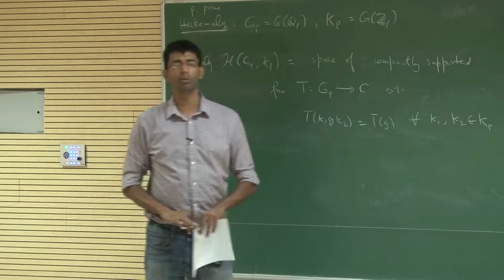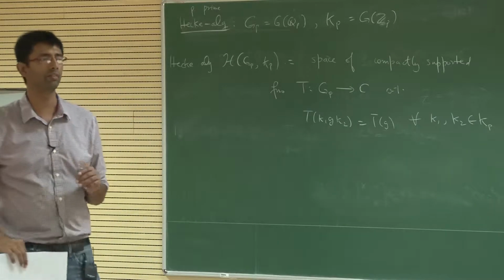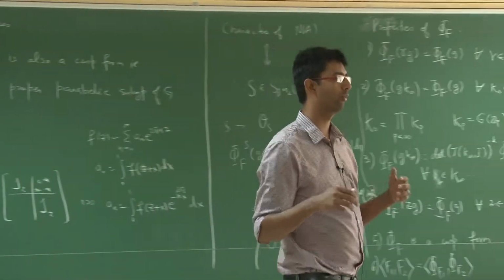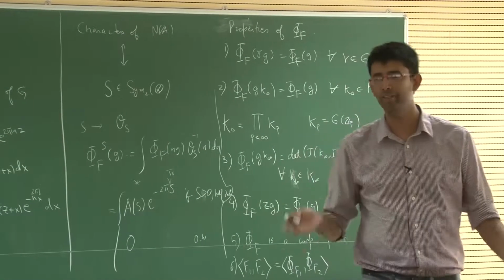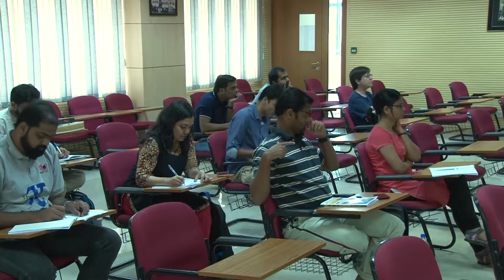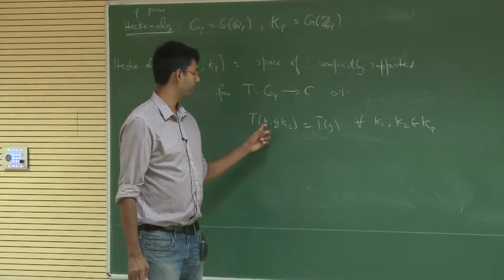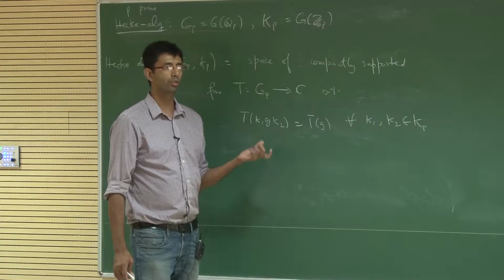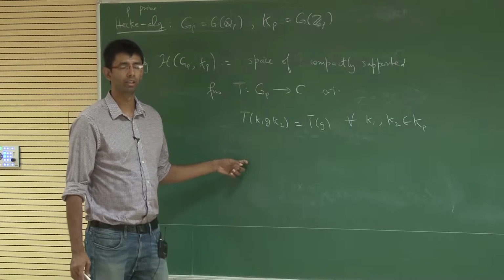So compactly supported and left and right invariant with respect to the maximal compact. You can see it was very easy to write down. I did not have to do any formal sums and gamma and invariance and so on. These are actually C-valued functions, and you can also see very quickly that they are invariant on the left by K_p and on the right by K_p as well. So they take constant values on K_p g K_p.